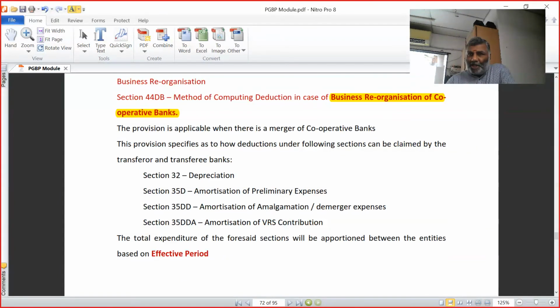For depreciation, amortization, all things, the total expenditure will be apportioned based upon effective period, not even usage, effective period. If there is an amalgamation of two cooperative societies, the depreciation and amortization will be proportionately distributed based upon their effect. We have seen this. There, it is effective period of usage for an asset. Here they have just said effective period.